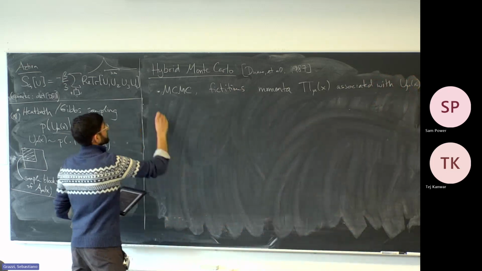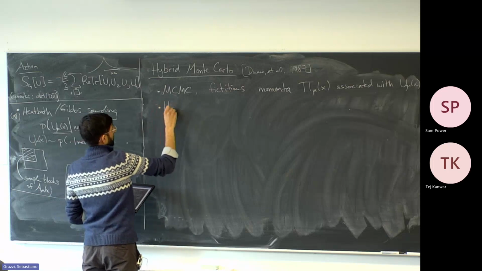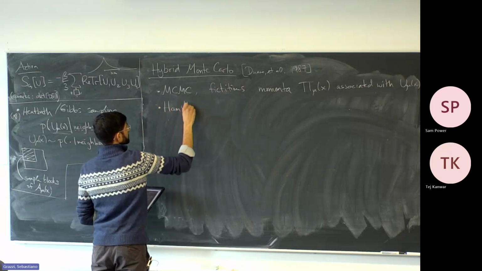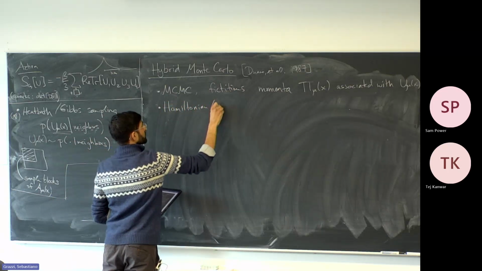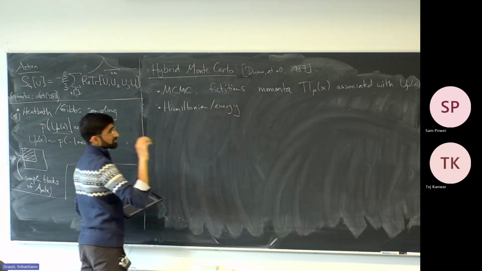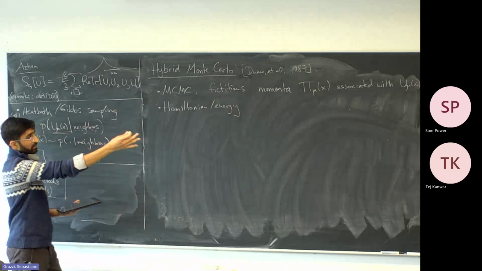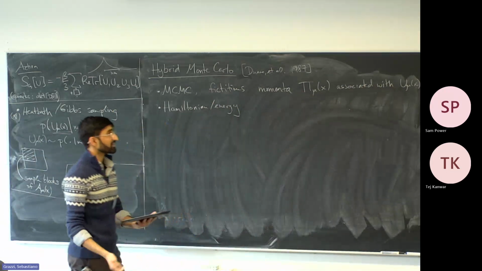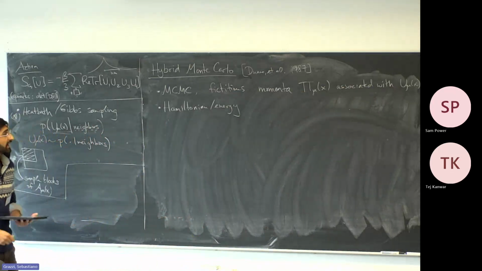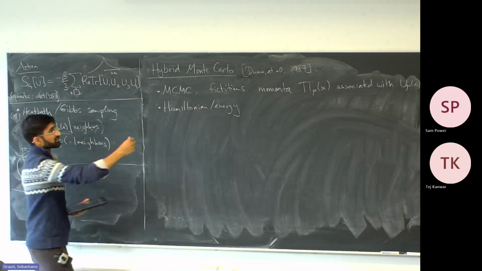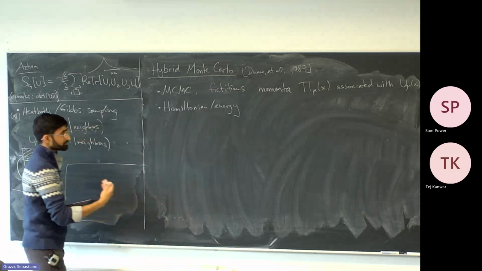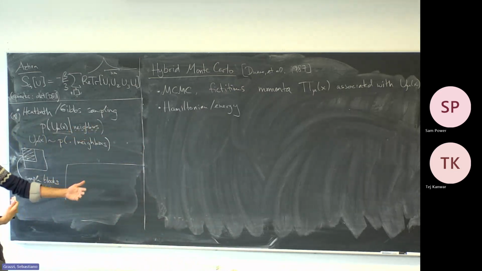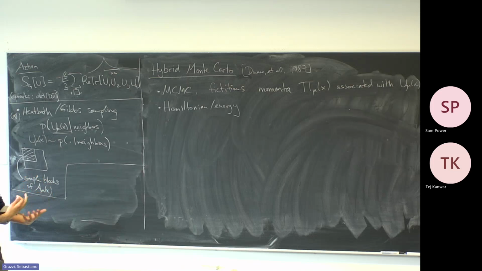And the idea is that we can define an energy or a Hamiltonian, if you like, in terms of not only our original variables, the u, but also these momenta that are conjugate to the u, and perform some kind of molecular dynamics or Hamiltonian evolution on these pair of fields.